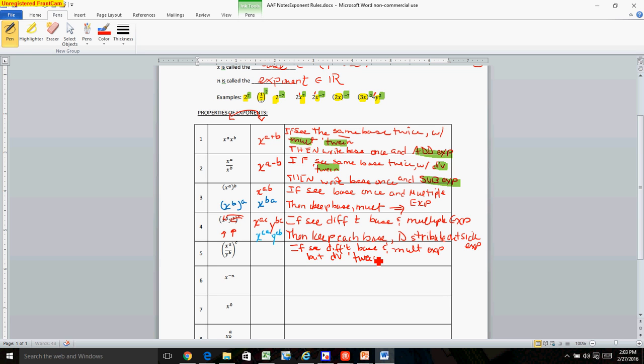Oh, I guess I forgot to write here, see different bases with multiplication in between, and multiple exponents. So again, here I have x as a base, y as a base, different bases, division in between, and x has an exponent, y has an exponent. And remember, everybody does always have an exponent, right? If you see any base and it looks like it doesn't have an exponent, it has an exponent of 1.